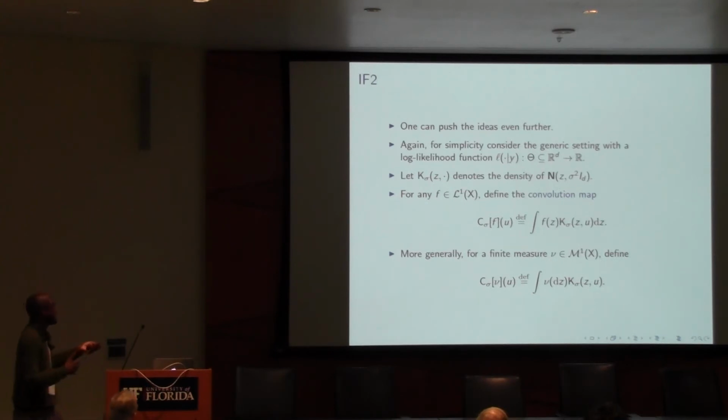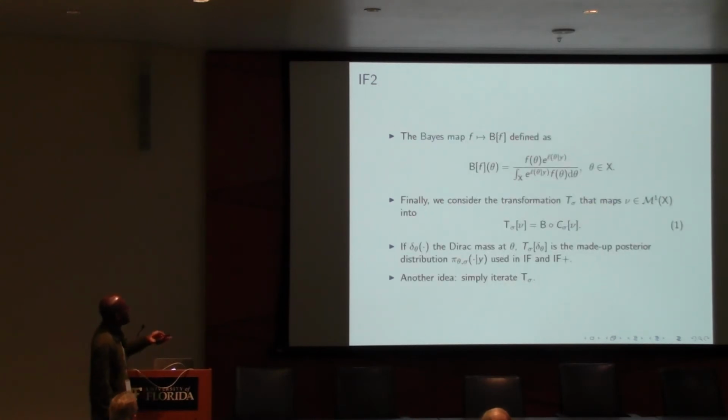Of course, I can extend that to measures in this way. And then let me bring in also the Bayes map, which is that I take a density, for all practical purposes here, and then weight that with my likelihood and renormalize, and let me call that B f.